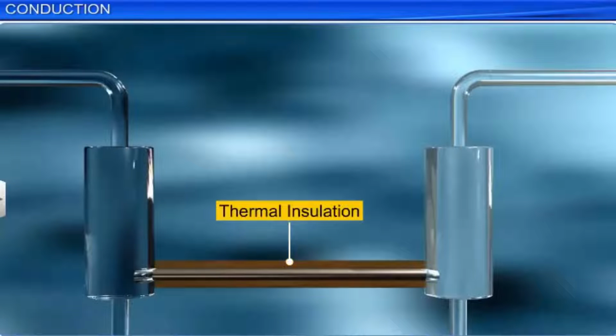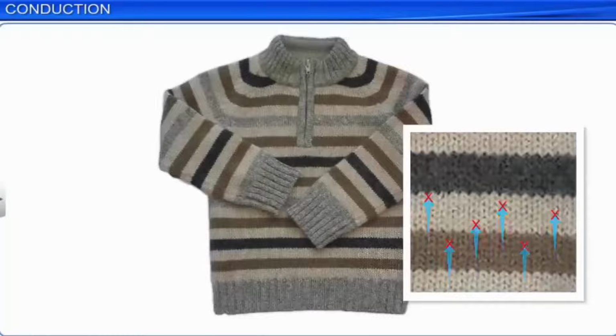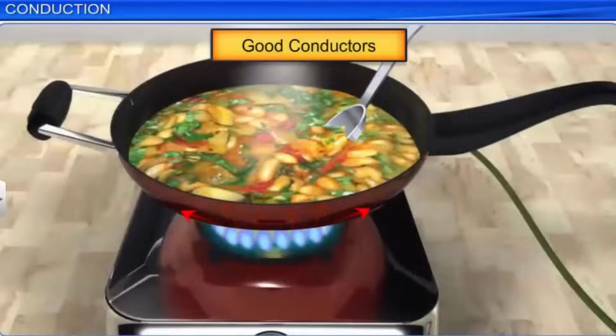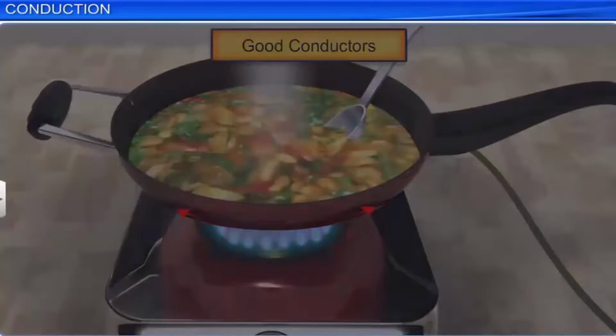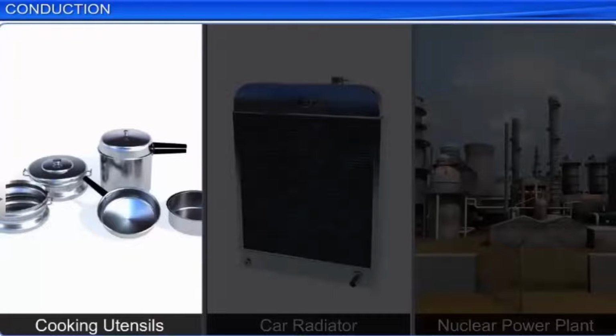For example, we use woolen clothes in winter to prevent loss of heat, as the air is entrapped in the pores of the wool fabric, which acts as an insulator. When heat is to be transmitted faster, good conductors are used in the process. For example, cooking utensils, water coolant systems in car radiators, and nuclear power plants all use good conductors.